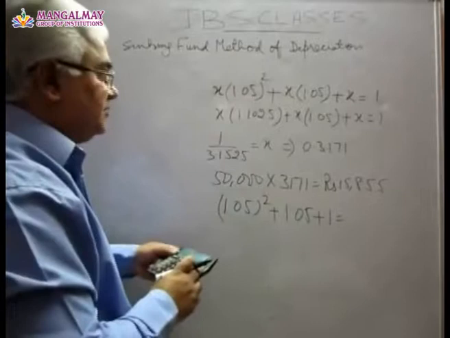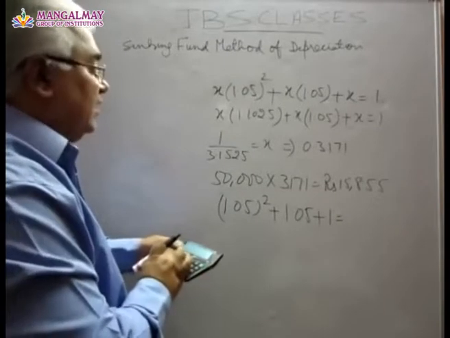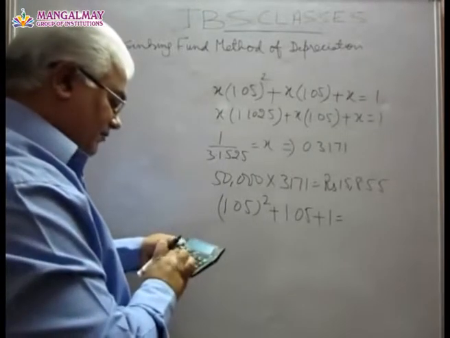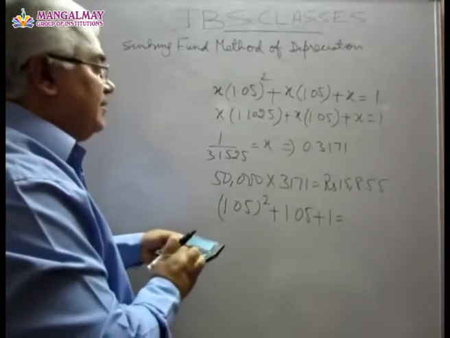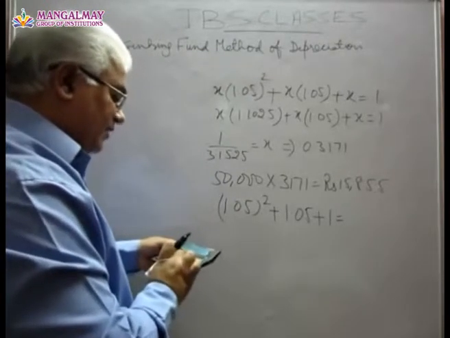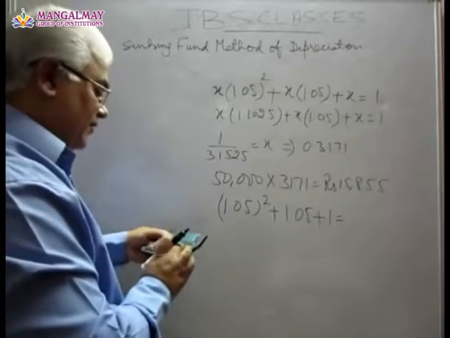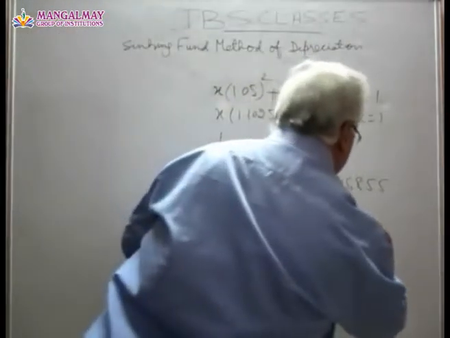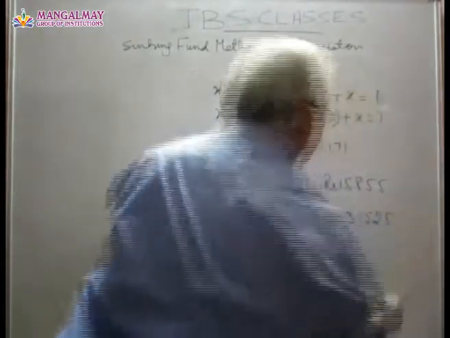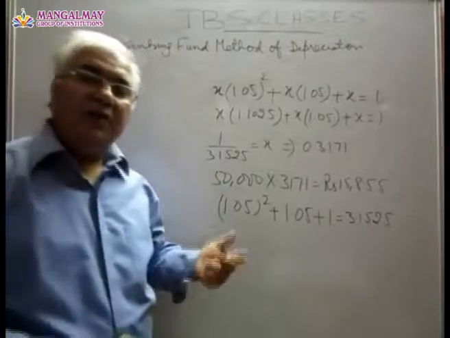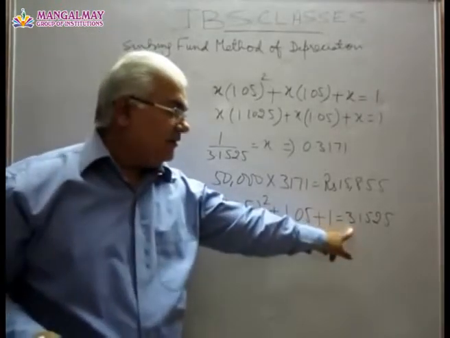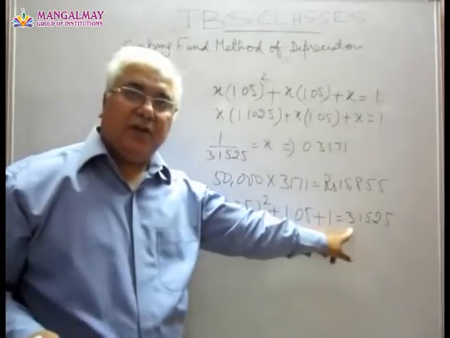This will become 1.1025 plus 1.05 plus 1, which is 3.1525. That means an annuity of rupee 1 for 3 years will become this after 3 years. This is the future value.